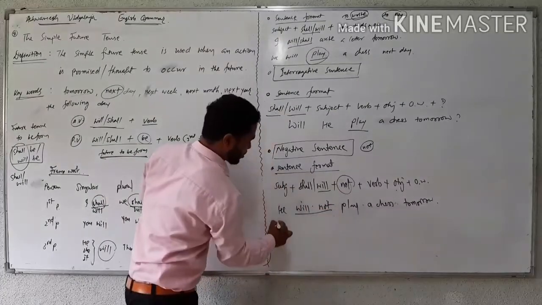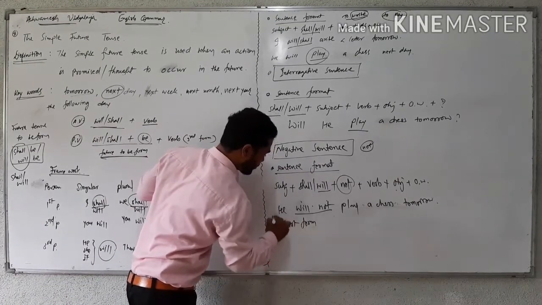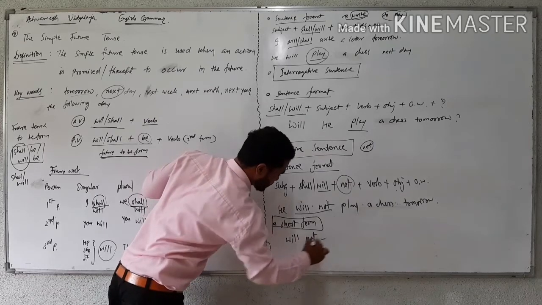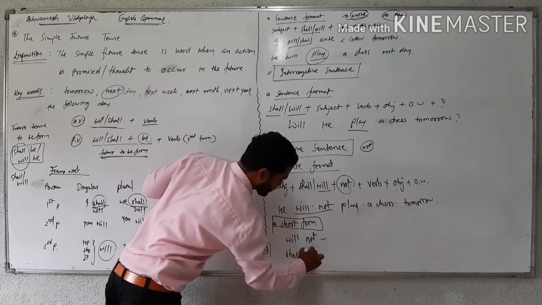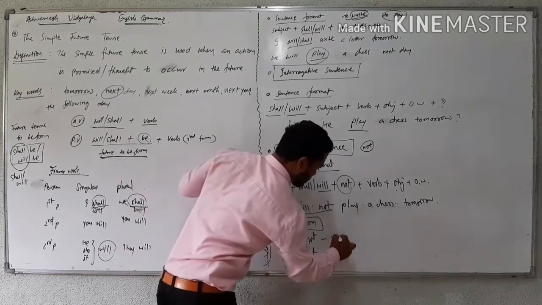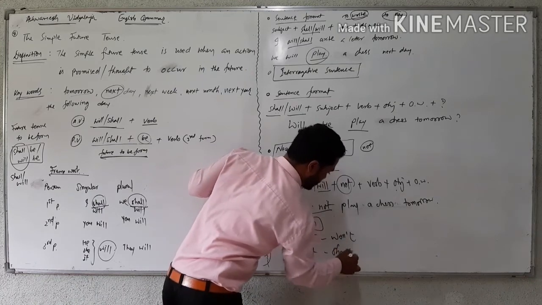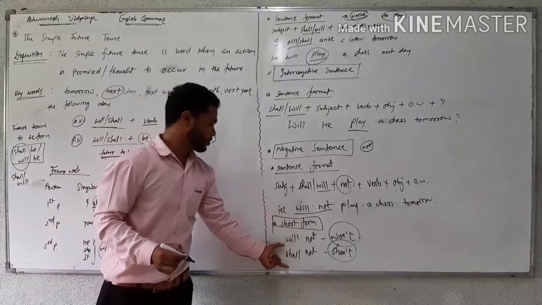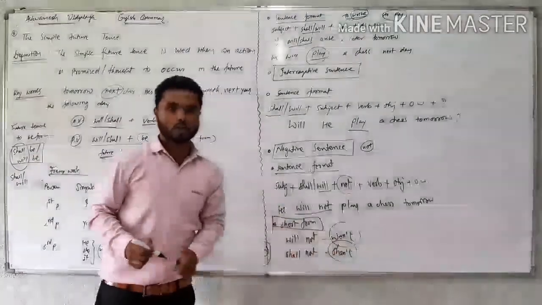Here we use the short forms of the helping verbs: will not is won't and shall not is shan't. Thank you.